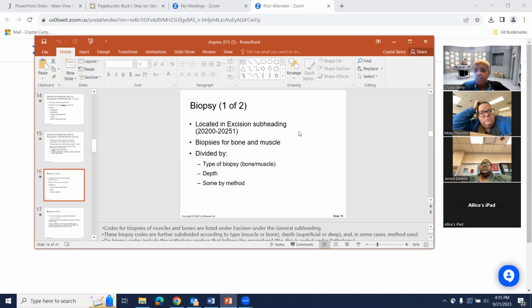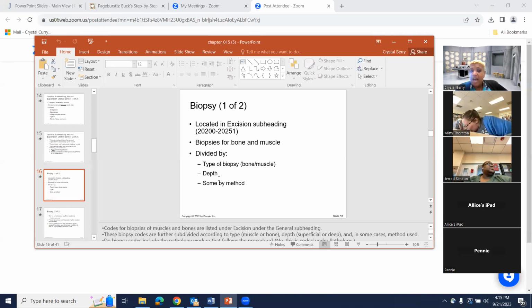Biopsy, located in the excision subheading. So look at this range, 20200 to 20251. Still a little short range. This is for biopsy. Biopsies for bone and muscle are divided by type of biopsy, which is bone or muscle, the depth, how deep that wound is, and some by the method that is used for that biopsy.